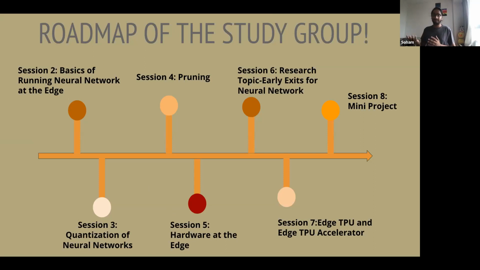Today we'll look at another algorithm, which is pruning. But from the next session onward, we'll be looking at how you can actually work with some hardware at the edge. And after that, we'll also be looking at some more research topics like early exits and so on.